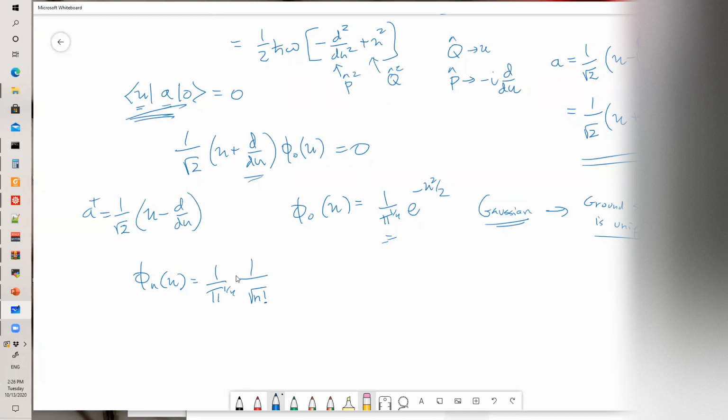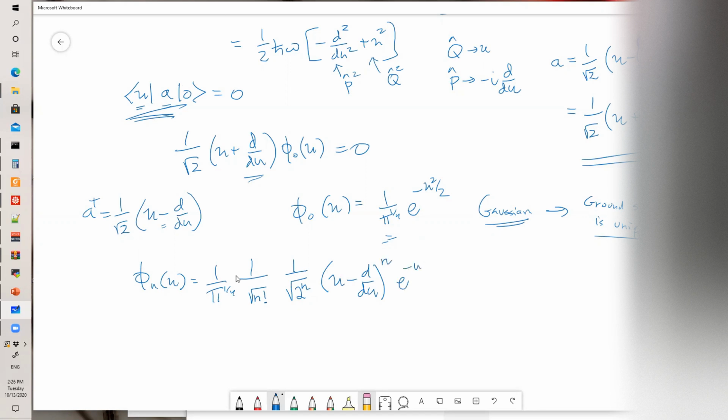So this will give you a little minus sign there. And so this is an operator which you can apply over and over again to the ground state. It's in coordinate space. So you would get a square root of 2 to the n, however many times you apply it. And here you would get u minus d du acting n times on what?